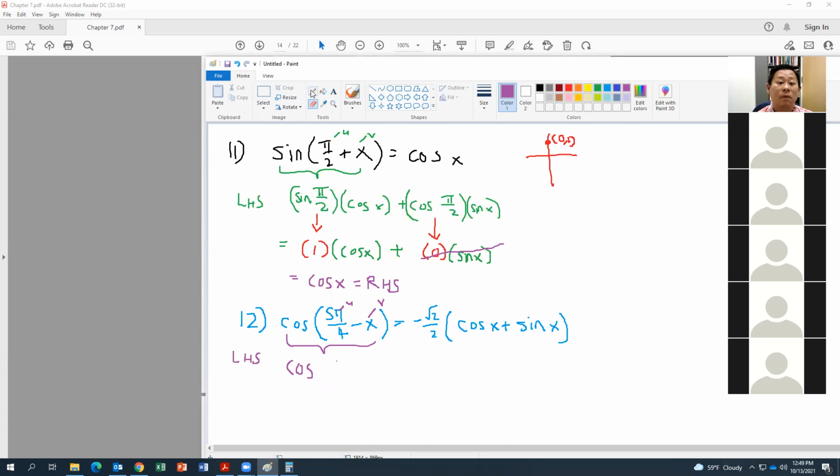And the v is x. So cosine u times cosine v, cosine x. Yep, you use x here. And then it equals plus sine 5 pi over 4 times sine x.